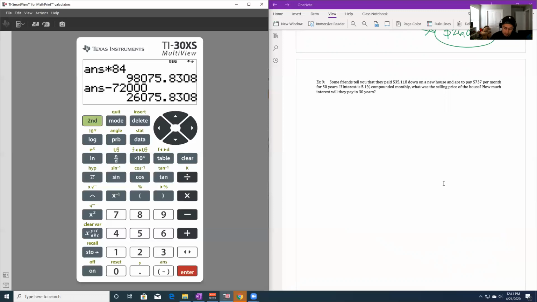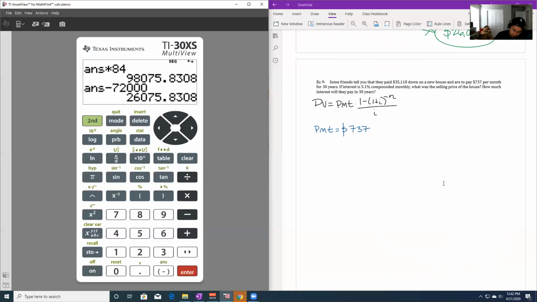Okay, excellent. So we want to know the present value of the house. So that's what we're going to find because they're giving us all the pieces. So again, let's write the present value formula in. Present value is given as payment times 1 minus 1 plus I to the negative n over I. And they say payment is $737 per month.